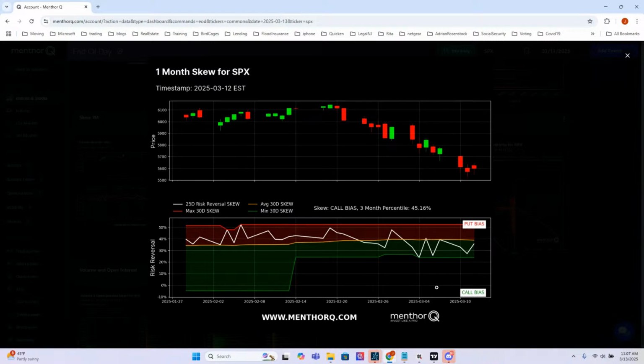So the question is, how do we generate a perspective on using that? When this goes up, or we see a nice movement in the SPX going higher, that implies to me that calls are expensive.